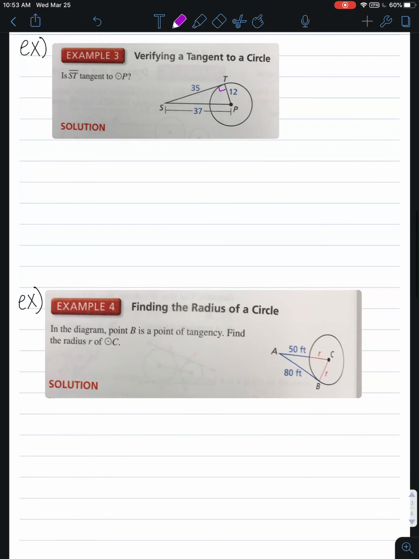So the question is, how can we determine if that's a right angle? Well, if STP is a right triangle, then that must mean that ST is tangent to P. So we have to ask ourselves, is 35 squared plus 12 squared equal to 37 squared? This is just using the Pythagorean theorem.